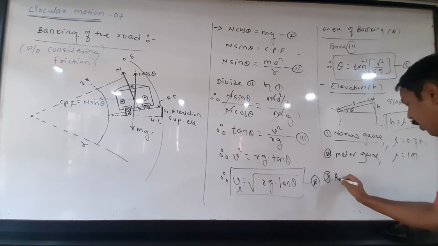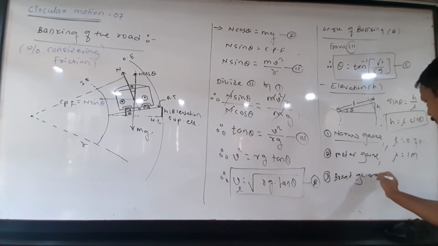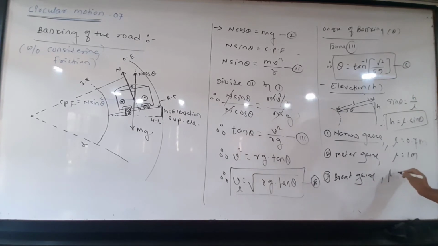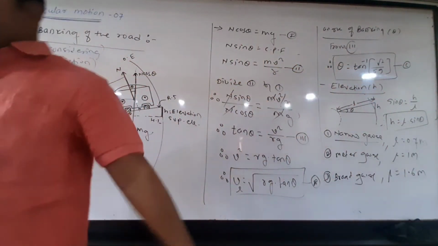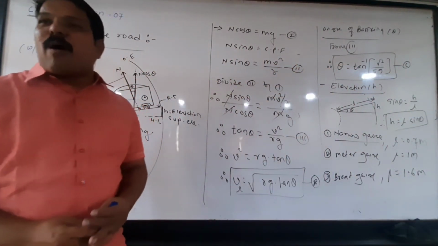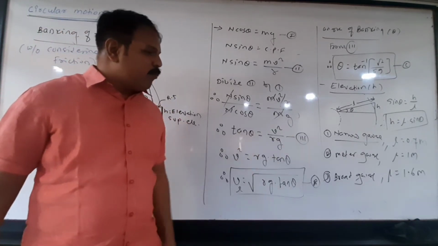That is called broad gauge. Broad gauge means L is equal to 1.6 meter. No need to give the width of the road. If it is a road problem, the width is given. But if it is a railway problem, such types of words are used there.